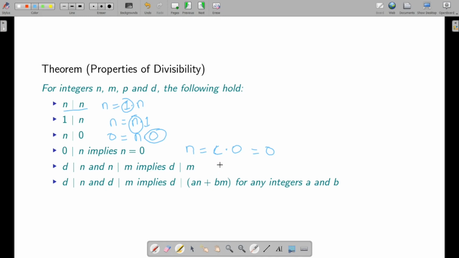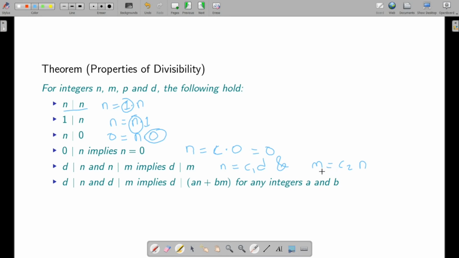Okay, so if d divides n and n divides m, then since d divides n, we can write n as some c1 times d, and since n divides m, I can write m as some c2 times n.